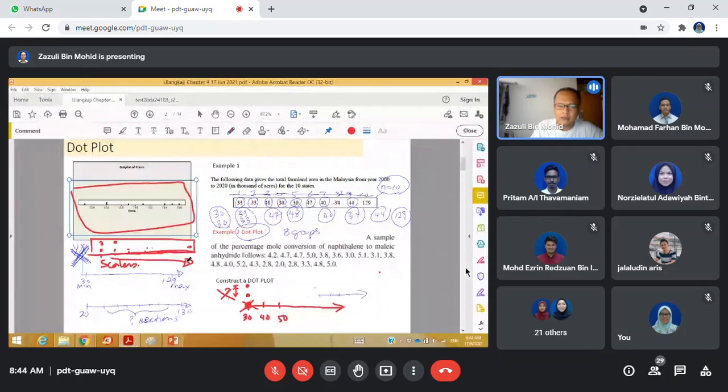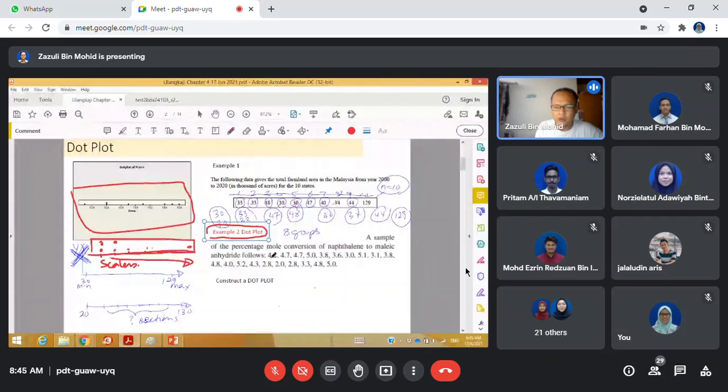From this slide, you can see there is a question, example 2, dot plot. This one I would like to ask you to do as your revision or practice. In this example, we have data 4.2, 4.7, 4.7, 5.0.